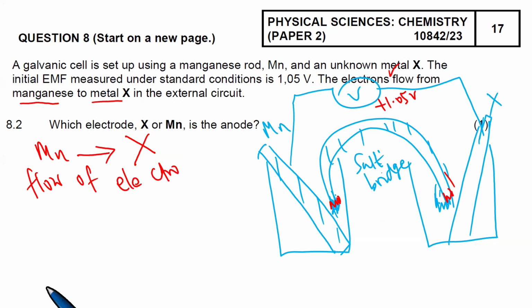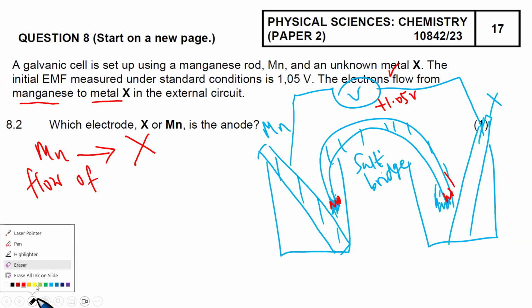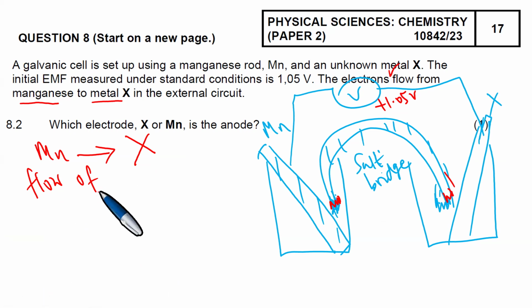They're flowing from manganese to the metal X.